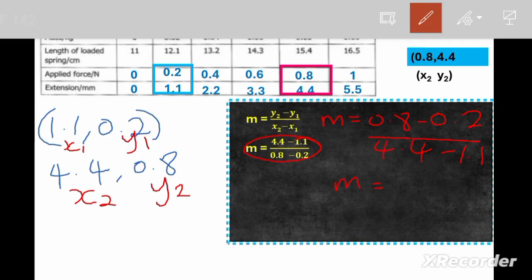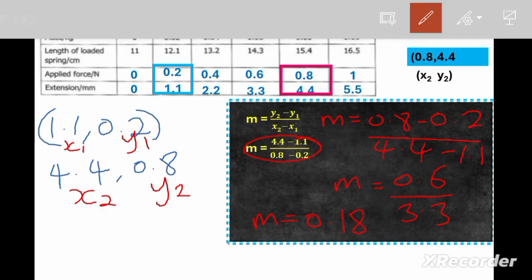Gradient is equal to 0.8 minus 0.2, we are going to get 0.6, divided by 4.4 minus 1.1, we are going to get 3.3. M therefore is equal to 0.6 divided by 3.3. We are going to get 0.18.